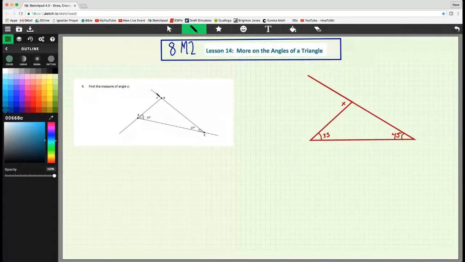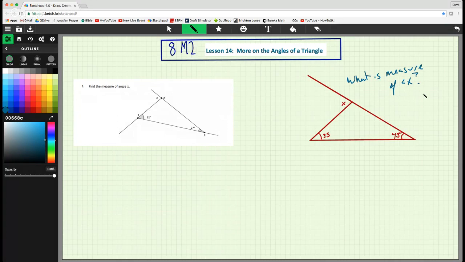So we're going to look at problems like number 4, and then number 3, and we're going to call it good. So look here. I have this triangle that looks like this with an extended side. Now my question is, what is the measure of angle X?